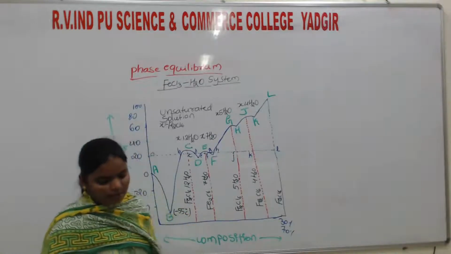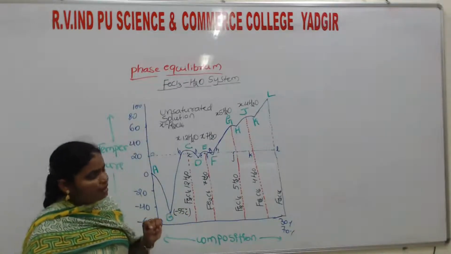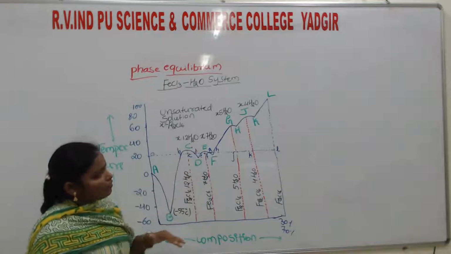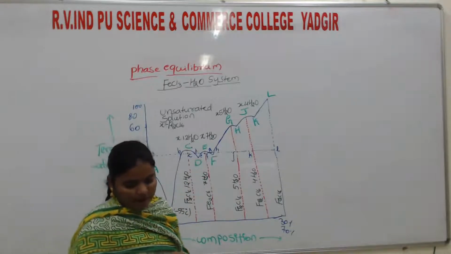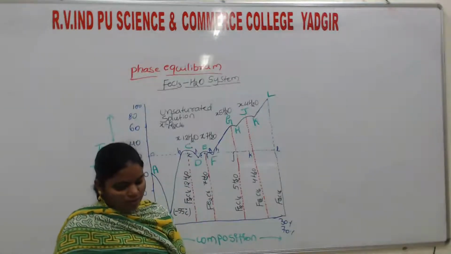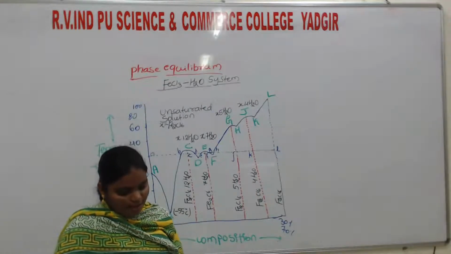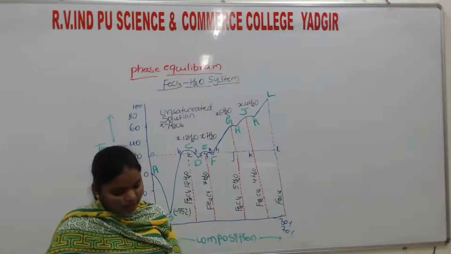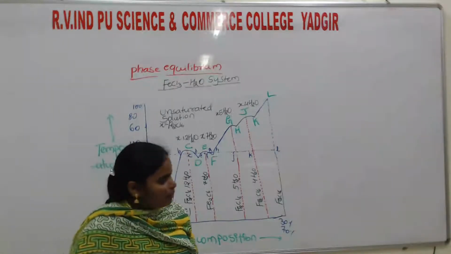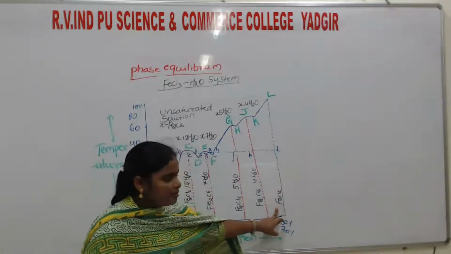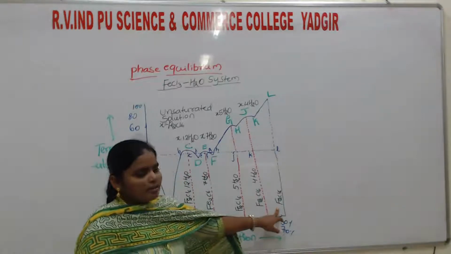Here, besides the above four solid phases, there are two more solid phases. One is ice, and the other is anhydrous Fe2Cl6, ferric chloride.